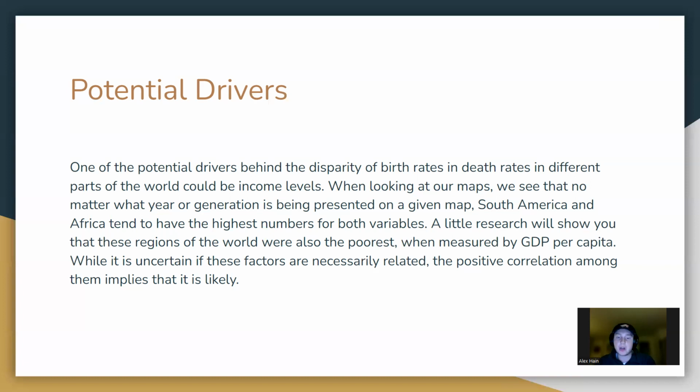And so, while it's uncertain to really draw a conclusion that the income levels and poverty rates in these parts of the world are directly causing these high levels of birth rate and death rate, there is a strong positive correlation among them, which implies that it likely is one of those driving factors behind that.